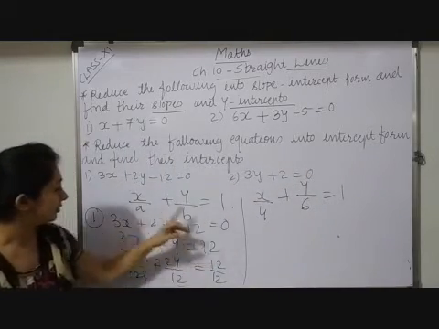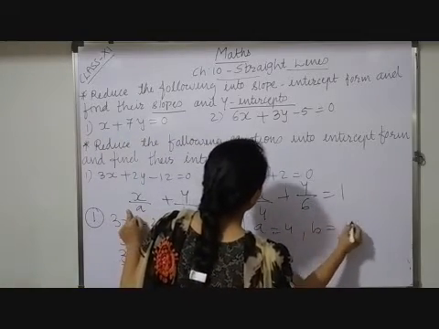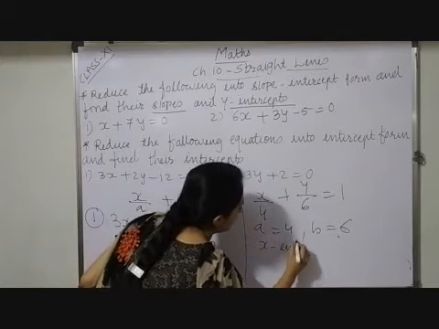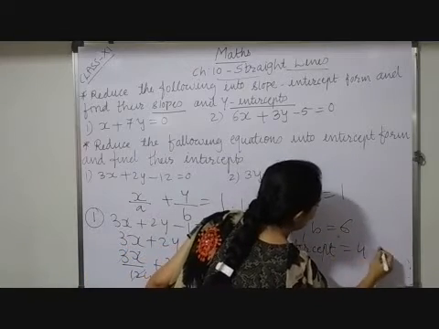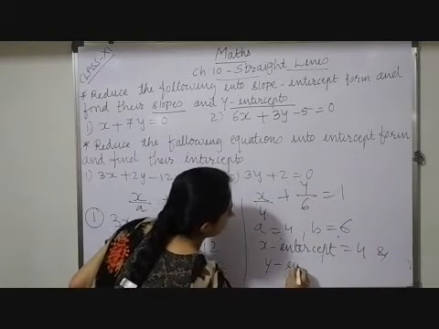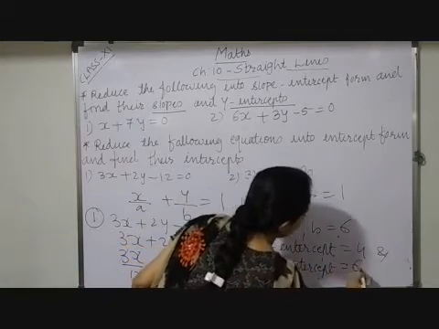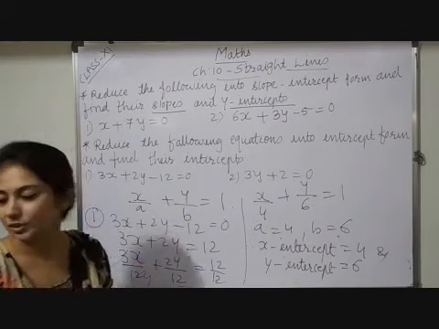Now compare it with this form. So here we are getting a = 4 and b = 6. It means here we can write, therefore, x-intercept = 4 and y-intercept = 6.